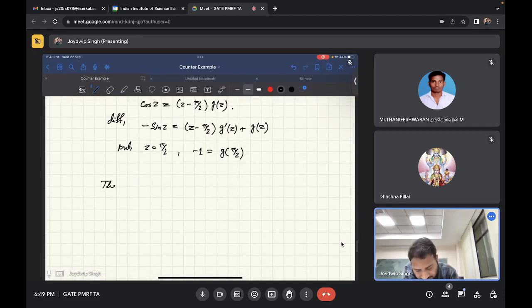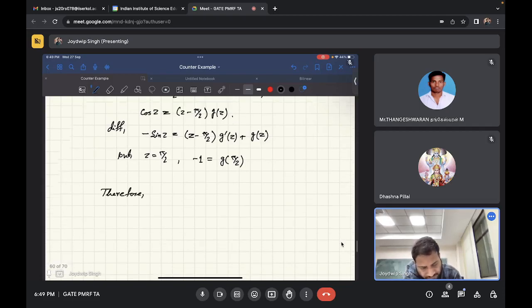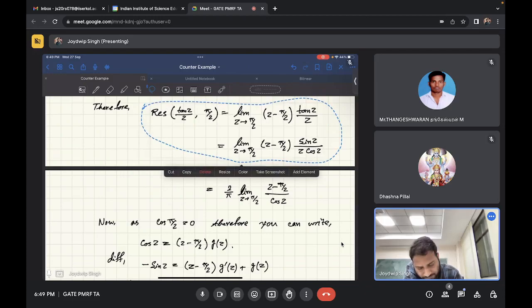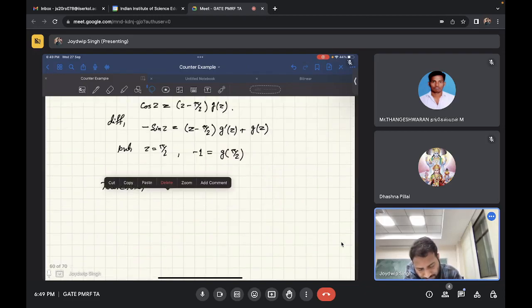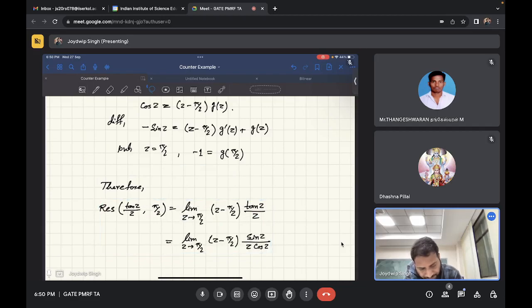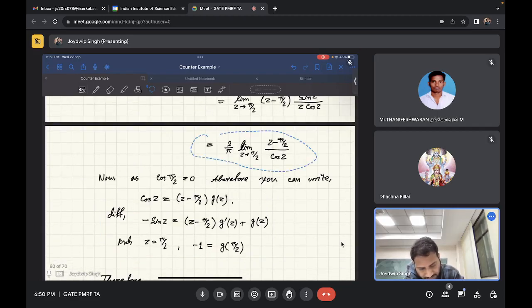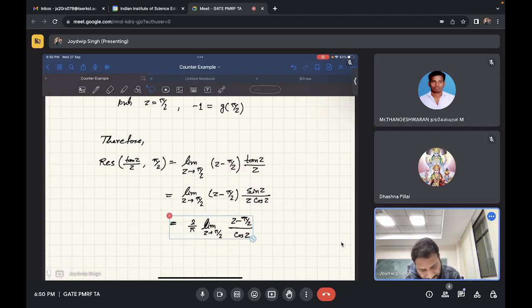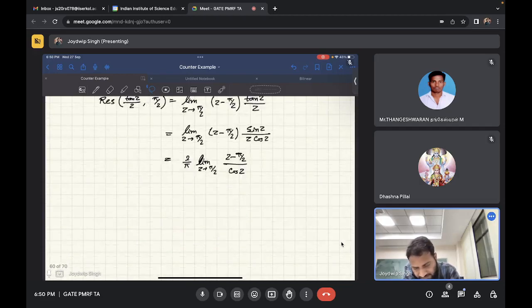So therefore just write this one as 2 by pi times the limit as z tends to pi by 2 of (z minus pi by 2), and how have we written cos z?